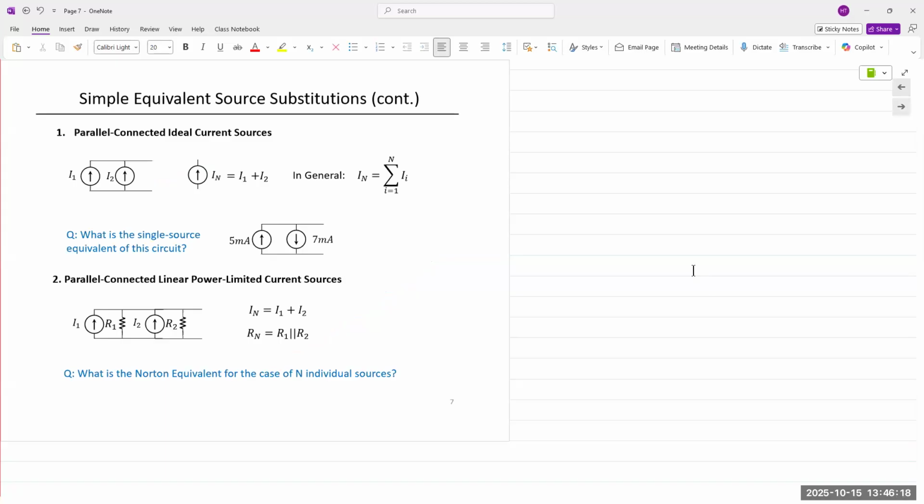So if you have parallel connected ideal sources, you apply KCL at the top: you have I1 coming in, I2 coming in, and then I1 plus I2 going out. And so the total Norton equivalent is simply a sum of those two parallel connected currents.